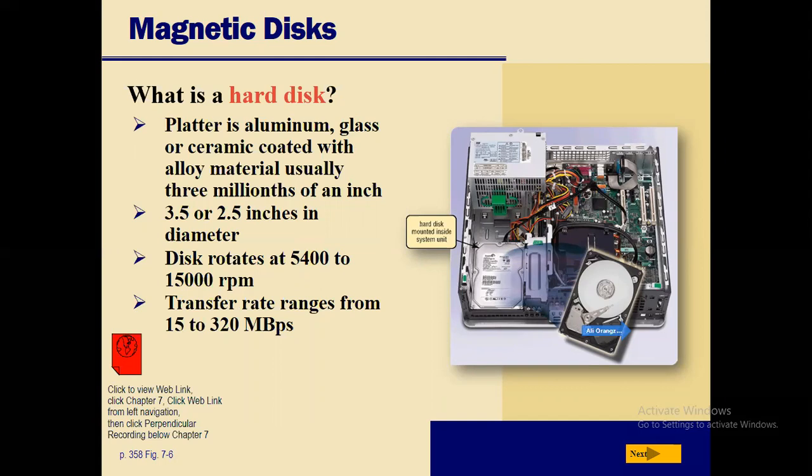The platter is made of aluminum, glass or ceramic coated with a magnetic material, usually 3 millionths of an inch thick, and 3.5 or 2.5 inches in diameter. We can also measure the speed of the hard disk in rpm, or revolutions per minute.